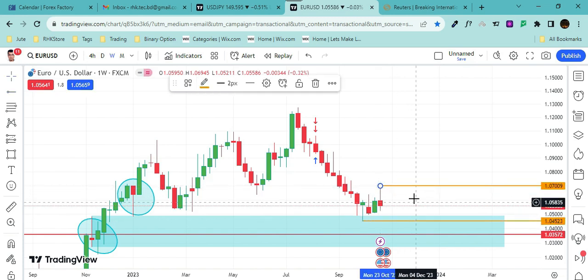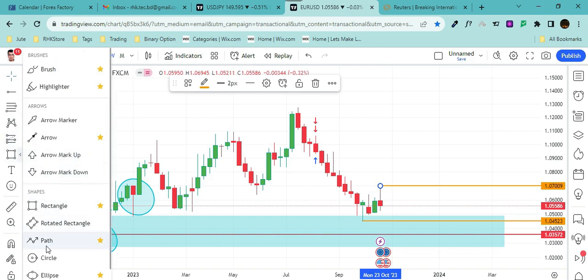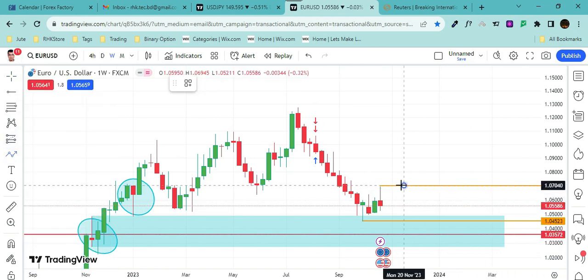And I always monitor this range, and these are the two pivot points or price levels where the market will change its direction. If the top one is broken, then there is every chance that it will move like this.